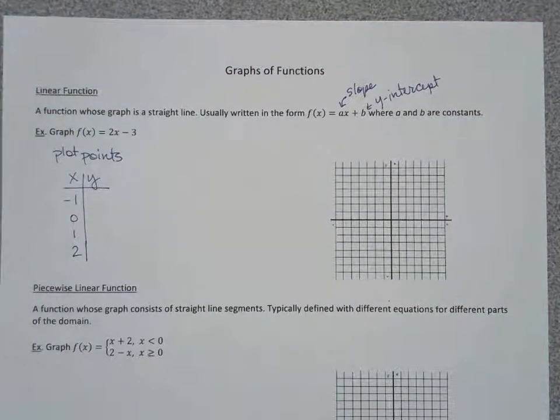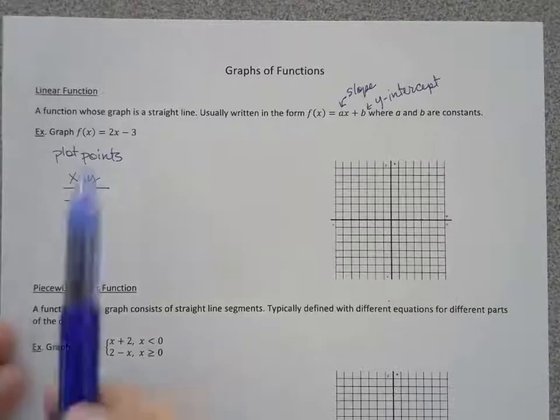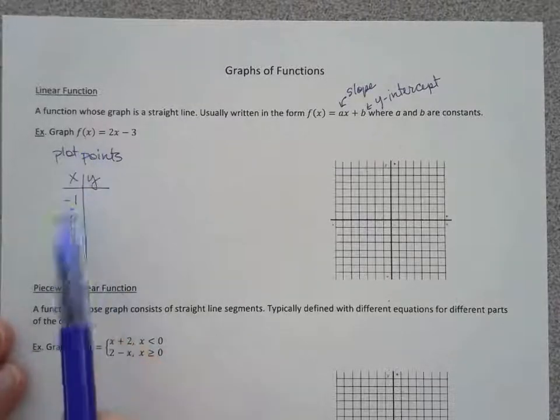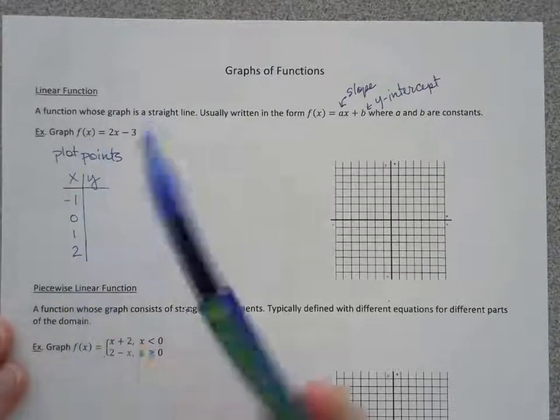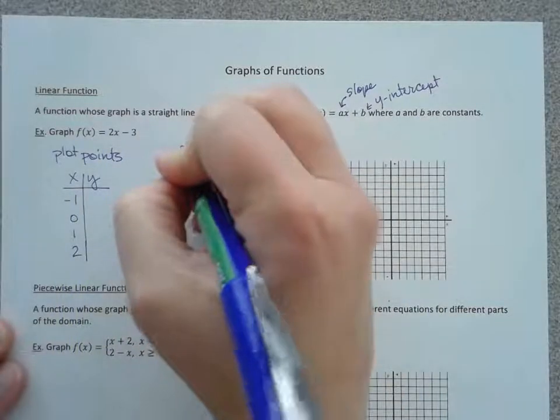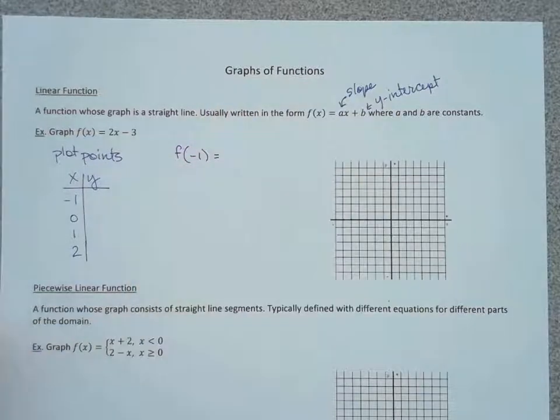Technically, all you need are 2 points to graph a line, but you can always plot a few extras just to make sure everything is good to go. So I'm going to evaluate this function at each one of these x values. I'm going to start by evaluating the function at -1. When I evaluate a function, I'm substituting that value in for the placeholder of the variable x.